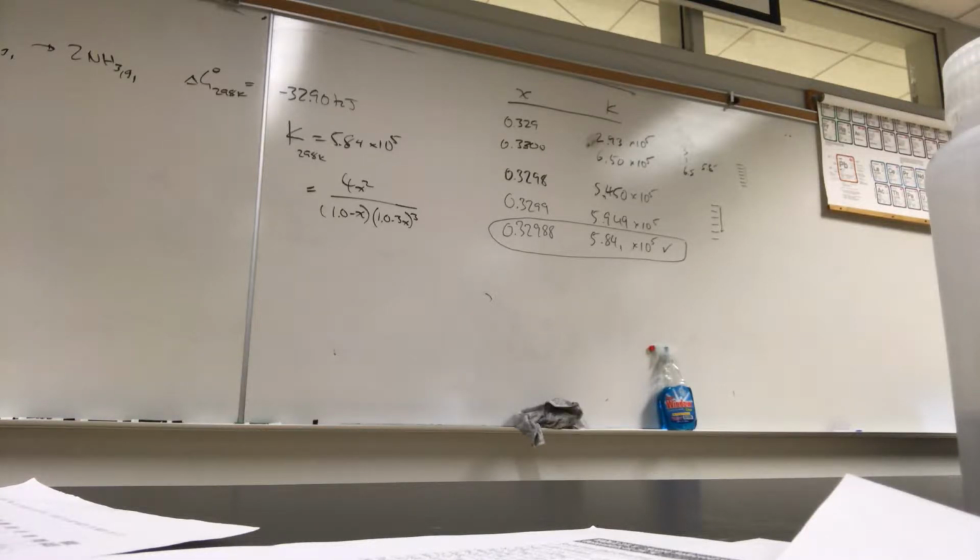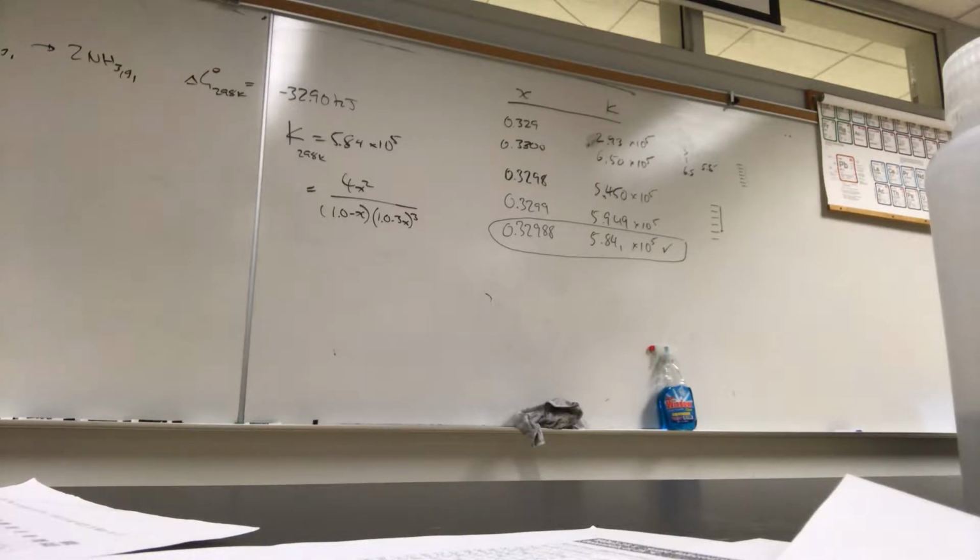Let's add some more zeros here and go ahead and do the subtraction. I get 0.67012 bar at equilibrium.